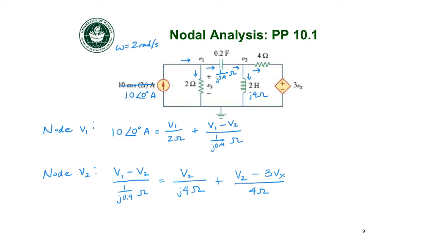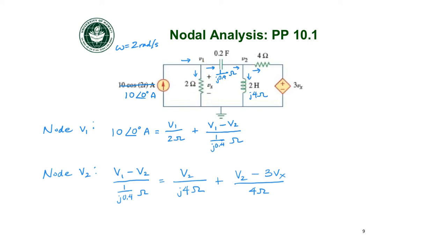Okay, so we have two equations, but we do have three unknowns because we have V1, V2, and Vx. But if you look at how Vx is defined, Vx is the voltage across the 2 ohm resistor.